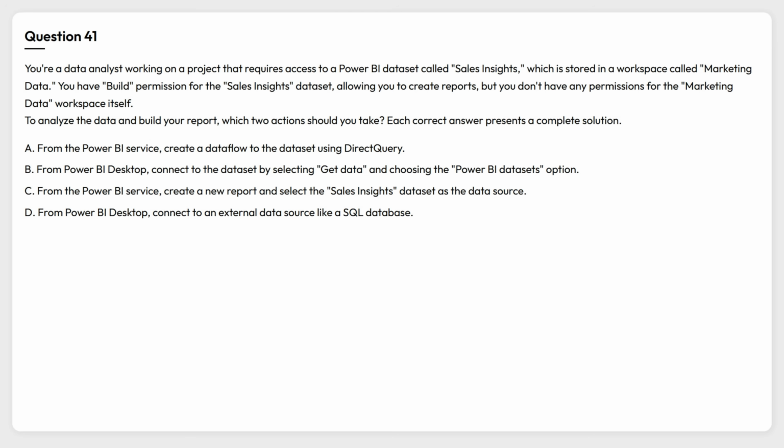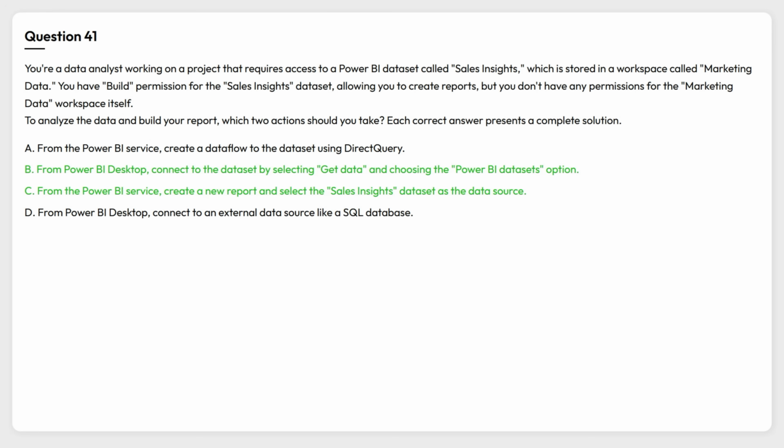Option C. From the Power BI service, create a new report and select the Sales Insight dataset as the data source. Option D. From Power BI Desktop, connect to an external data source like a SQL database.